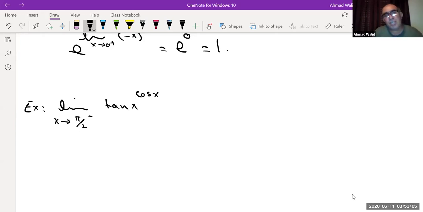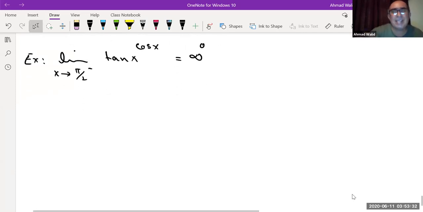First thing to do, check, plug in. Tan of pi over 2 gives you what? The graph of tangent, when you're approaching pi over 2 from the left, goes to infinity, correct? It gives you infinity. Cosine of pi over 2 is 0. You see, you end up with infinity to the power of 0. Then what to do? Use the e method or ln method, correct?